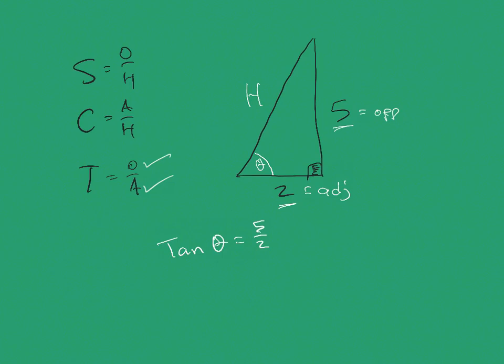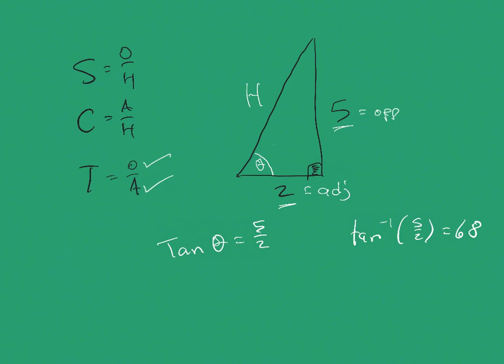I think it looks like this, tangent -1, and then I plug in 5 over 2, and then you should get 68 point something degrees. But I think the answer key says to express angles to the nearest degree.